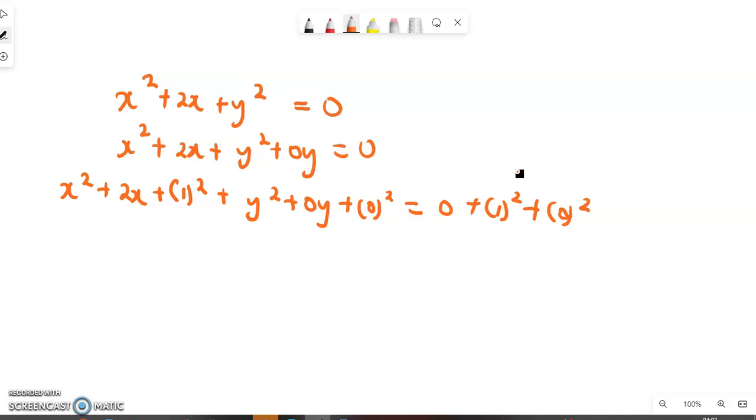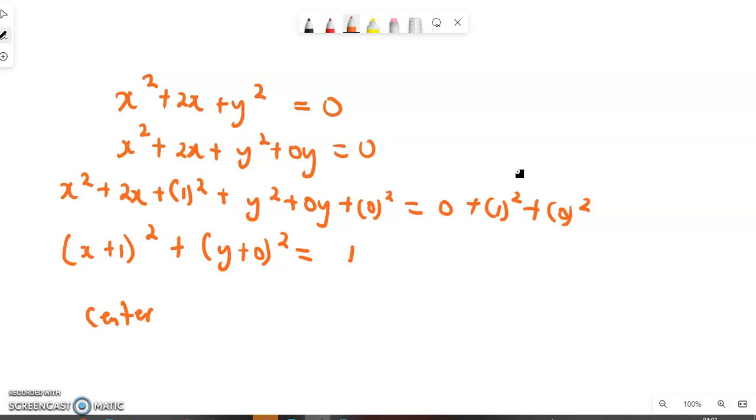So this can be represented as a binomial square where it is (x plus 1) all squared plus (y plus 0) all squared is equal to 0 plus 1 squared plus 0 squared. It is equal to 1.